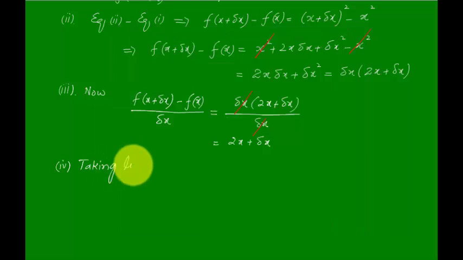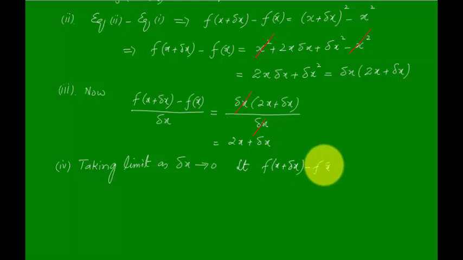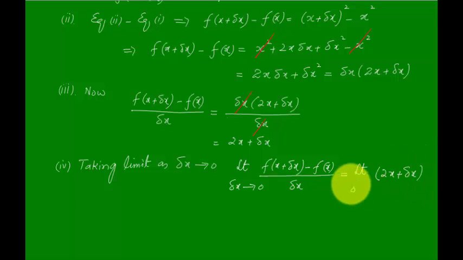Taking the limit as delta x tends to 0, we get limit of f of x plus delta x minus f of x divided by delta x as delta x tends to 0, equal to limit of the right hand side, 2x plus delta x, as delta x tends to 0.